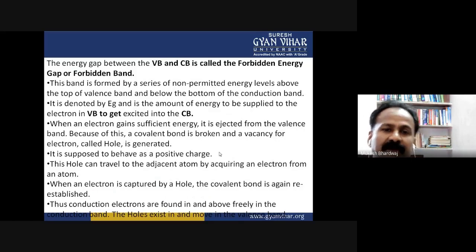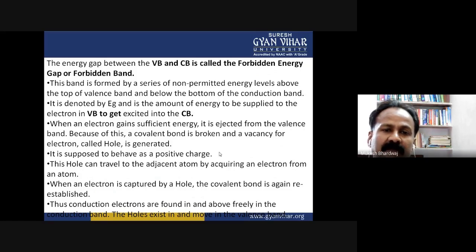The energy gap between the valence band and conduction band is called the forbidden energy gap or forbidden band. So there is a difference between the valence band and the conduction band, and that empty space is known as the forbidden energy gap or forbidden band.